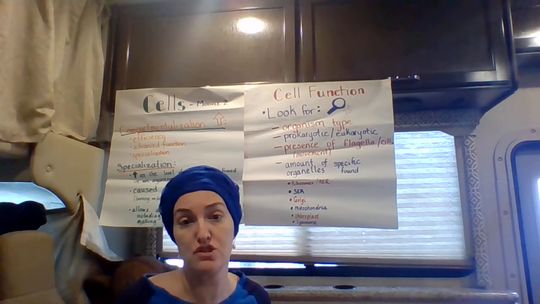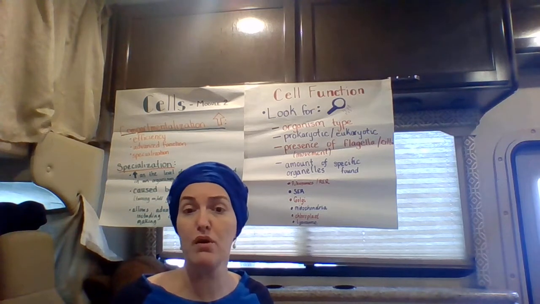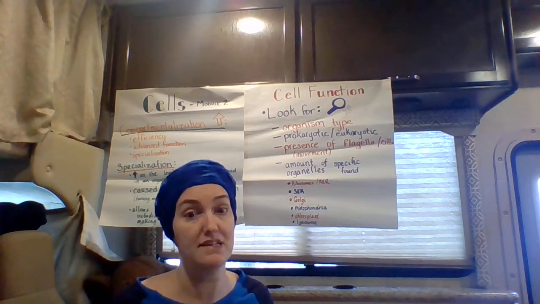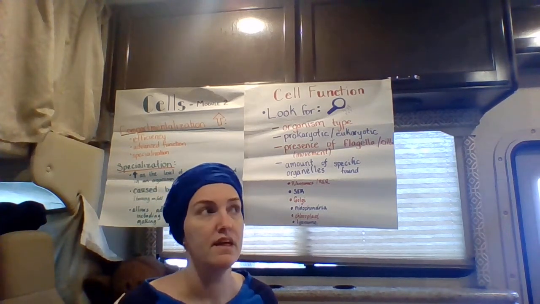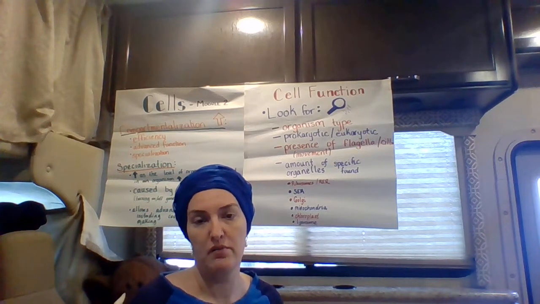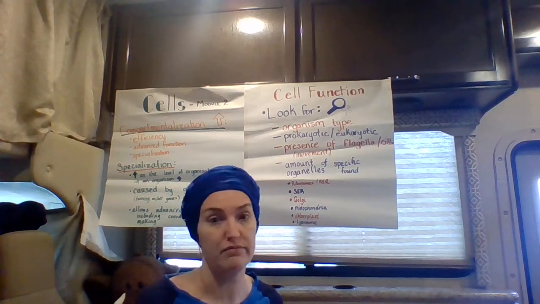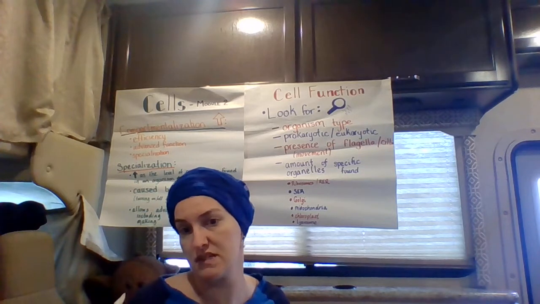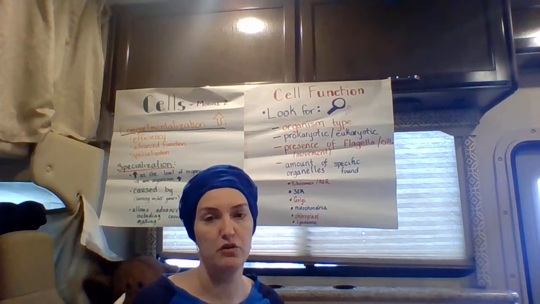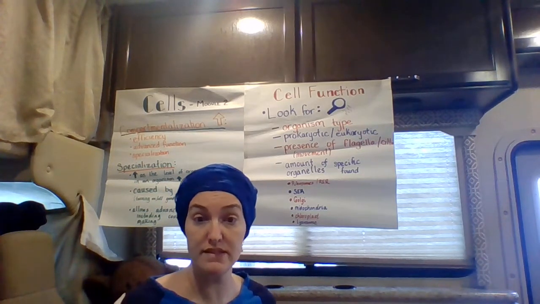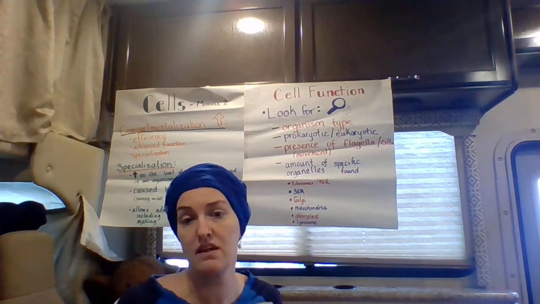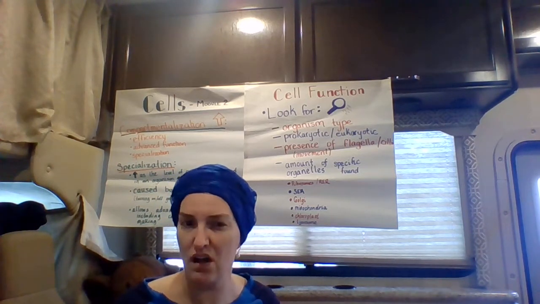So it could be producing protein-based hormones. It could be a gland cell making hormones. It could be a cell making protein messengers of some other type to send out. It could be a white blood cell creating antibodies and sending them out, something along those lines.